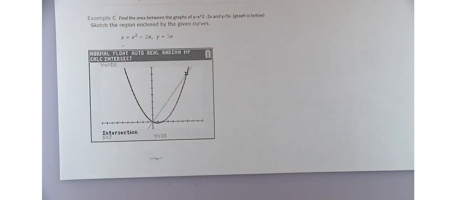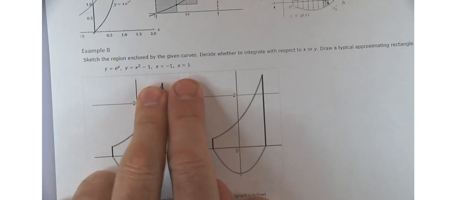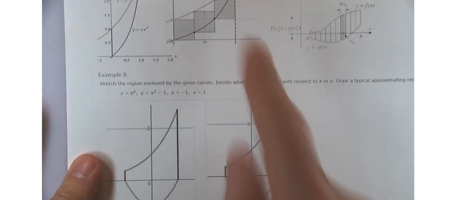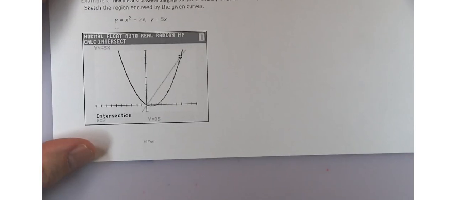Okay, let's move on to example C here. So in these first couple examples, you're kind of gifted a little bit because I gave you the limits of integration, or the figure pretty much told you the limits of integration, but that's not always going to be the case.